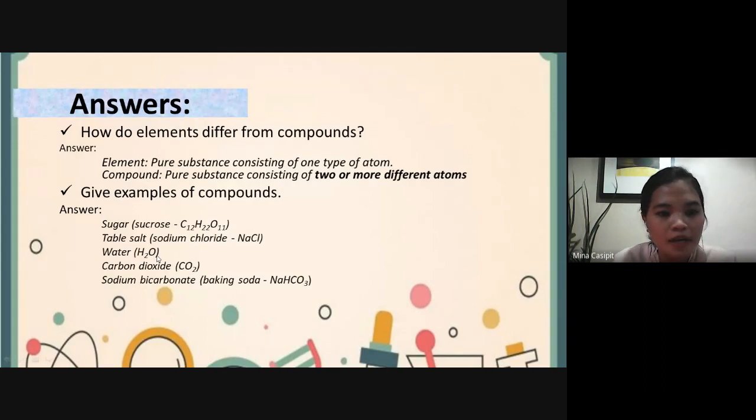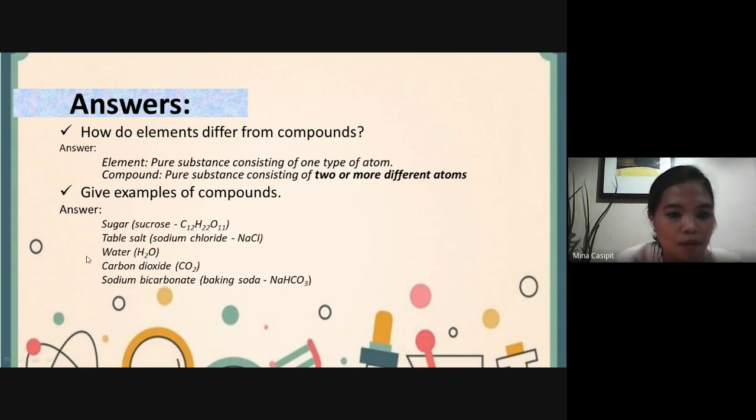Adam, bakit naging compound yung water? Anyone from the class? Kasi sabi pa lang natin kanina na compound, it is composed of 2 or more different atoms. So that is why yung water is considered as compound.